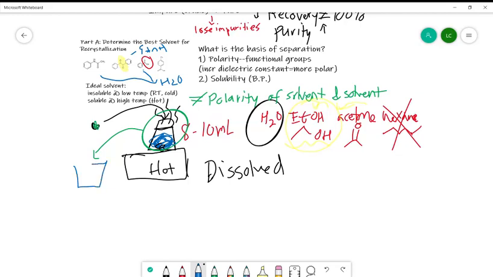So vacuum filtration. You will do vacuum filtration, which uses the powder funnel. So it looked kind of like this.